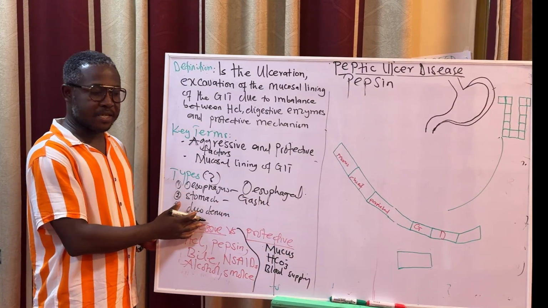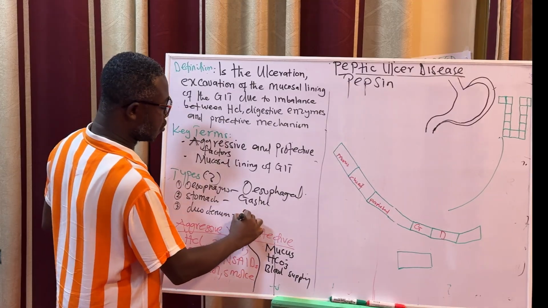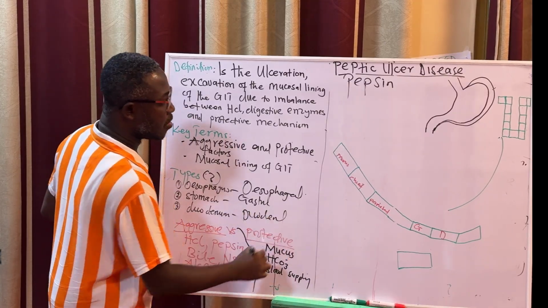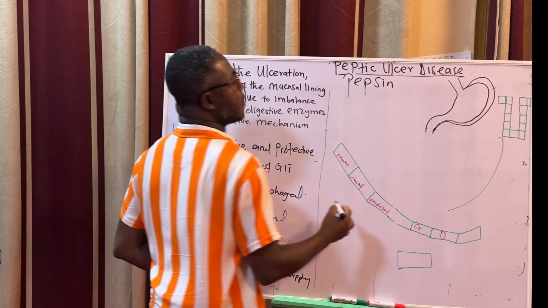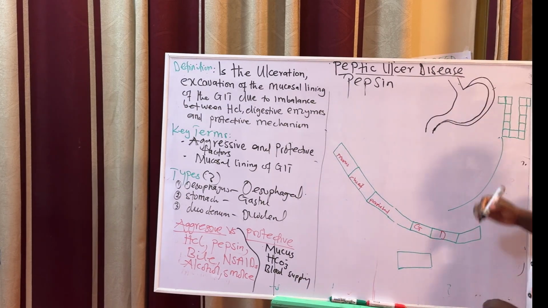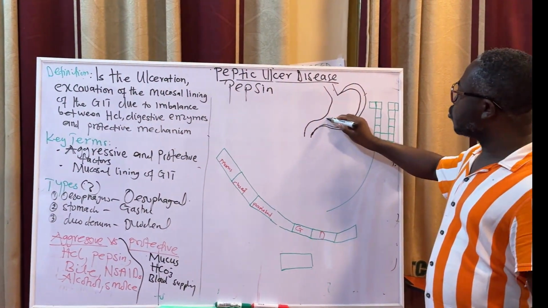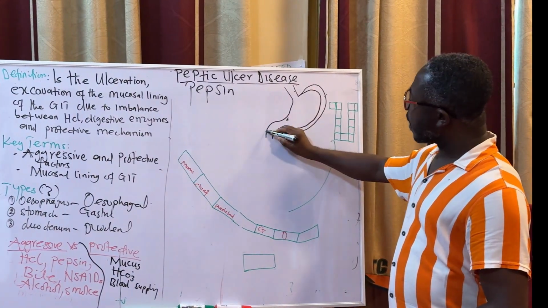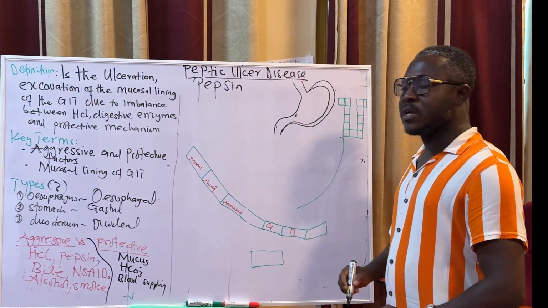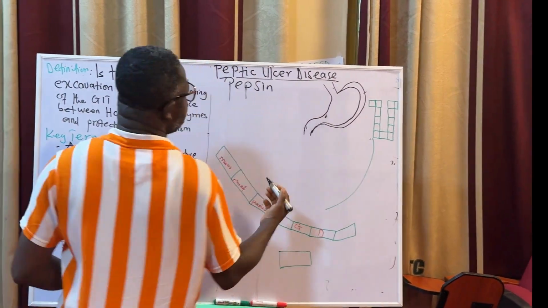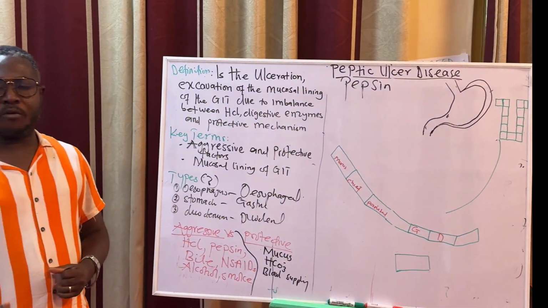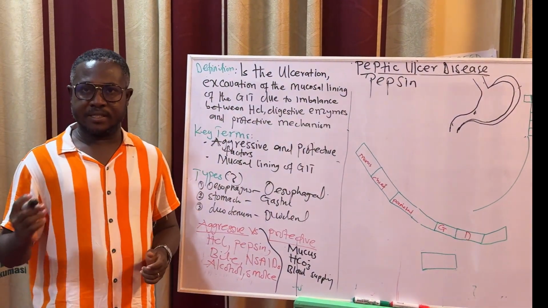And when it affects the duodenum, we say it is known as what? Duodenal ulcer. So we have the esophagus here, it can affect this side, and then it can also affect the stomach here, and then it can also affect the first part of the duodenum, which makes the three types of peptic ulcer disease.